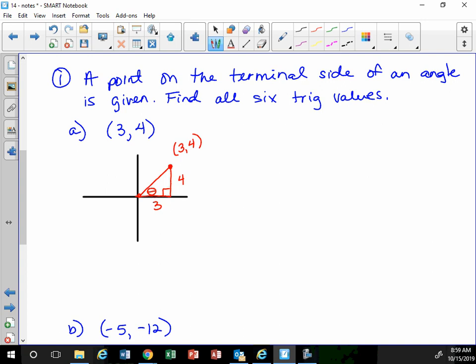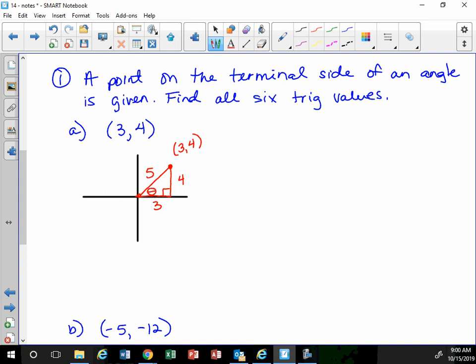All right. Okay, could you find the length of this hypotenuse? Yes. How? Pythagorean theorem. It's also a Pythagorean triple. Do you guys just know what the hypotenuse is? 5. Okay, good. So we'll label that.